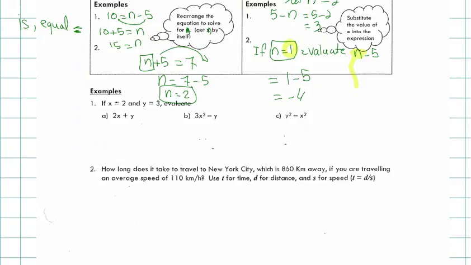Instead of y, I'm going to replace it with a 3. Because that's what they're telling me to do. So this is going to equal 2 times 2 plus 3. 2 times 2 is 4 plus 3.